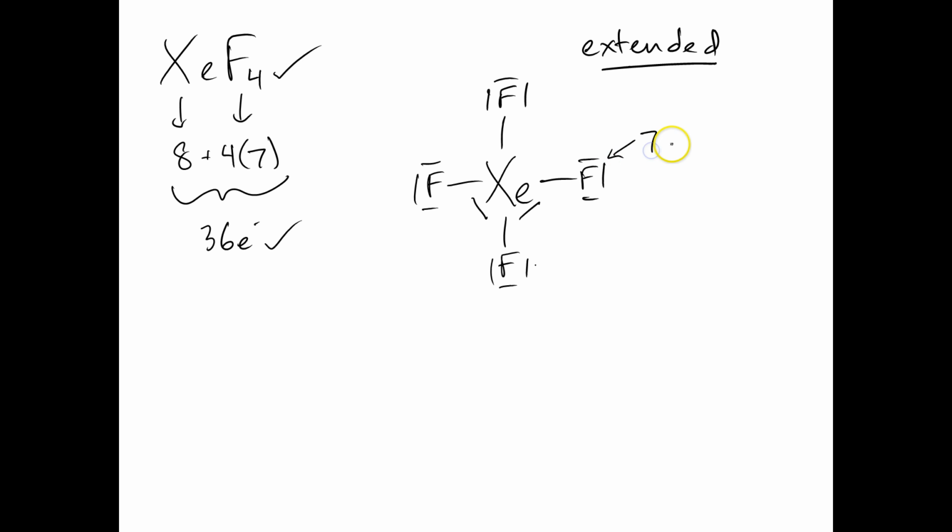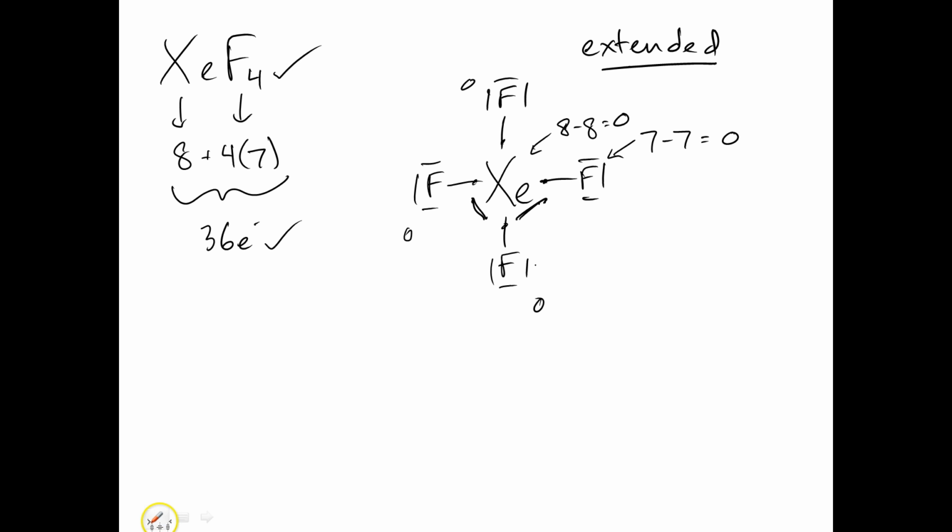They should be bringing in 7 valence electrons, and each one has 7 associated electrons for a 0 formal charge on each F. And our xenon at the center should be bringing in 8, and it has a total of 2, 4, 5, 6, 7, 8 for a formal charge of 0. So all formal charges add to 0, which they should for XeF4, so that checks out as well.